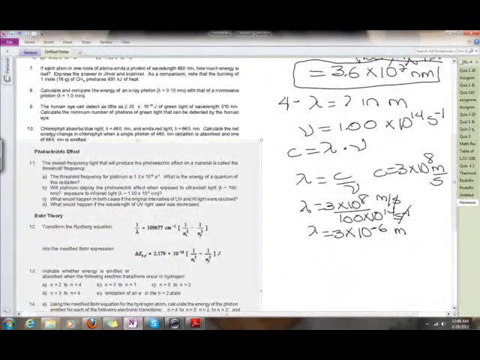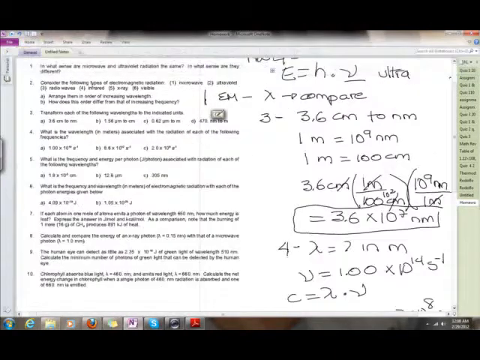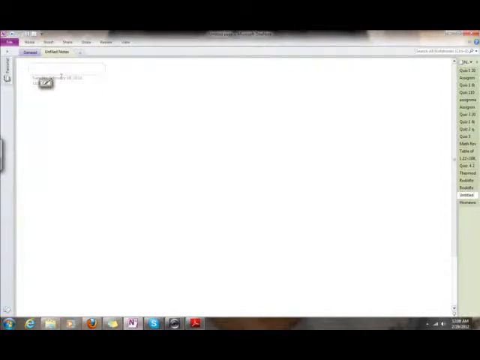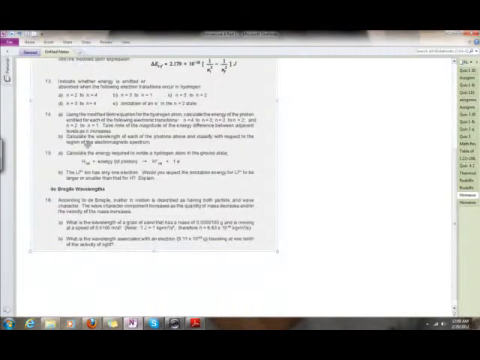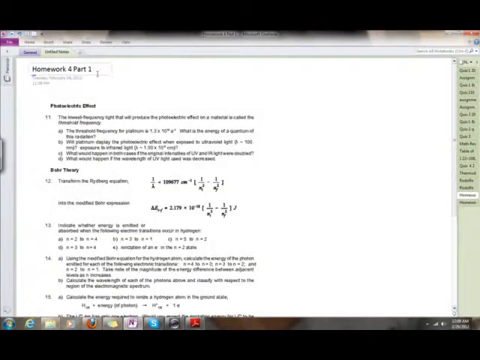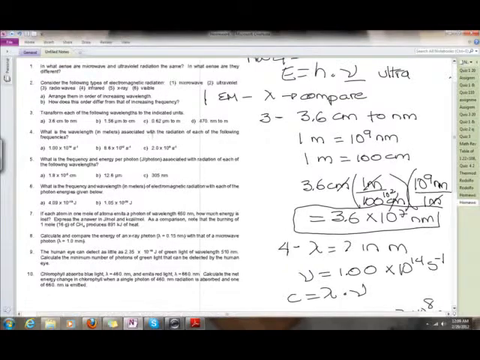This is homework 4 part 1, and it would be the problems from 11 to 16. Now let's go back to what we were doing.